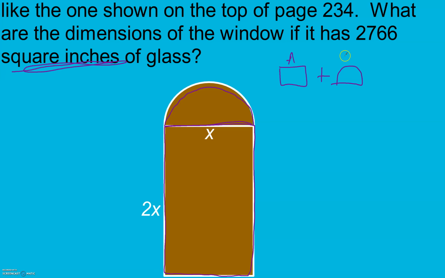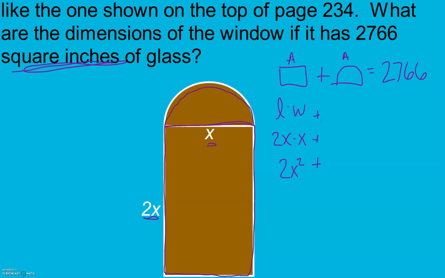So area of my rectangle and area of my half circle add up to be 2766. To find the area of a rectangle, our formula is length times width. Here, my length is 2x, my width is x, which gives me 2x squared.